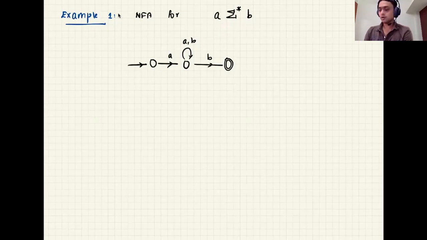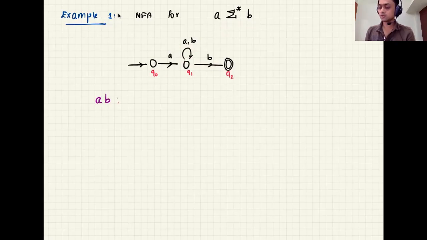Now, how does it read words? When you are in this state, what do you do with the B? Do you go here or do you go here? So this is a question. Let me give some examples. For example, if I have A, B, just this much. Let me give names to these states: Q0, Q1, Q2.